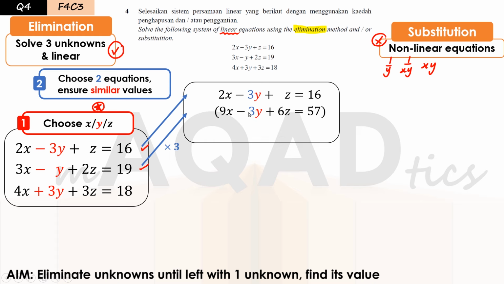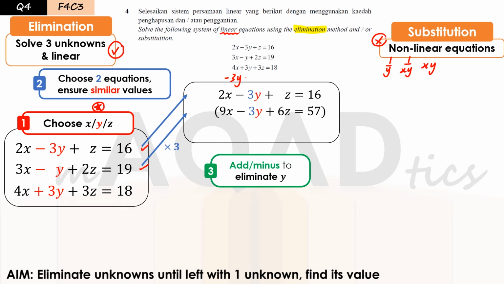Once the value is the same, we can go to the third step. We can either add or minus to eliminate the unknown that we have selected, which is y. So we can either add or minus these 2 equations to make sure the y is eliminated. Let us use add first and see what the result is.